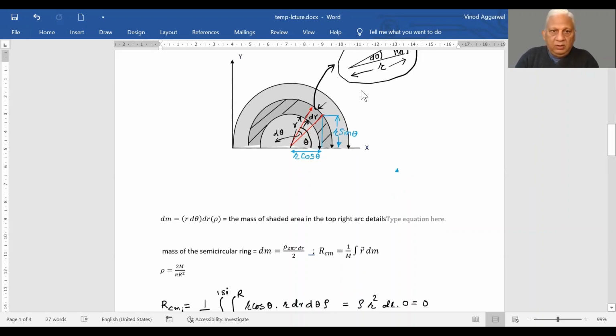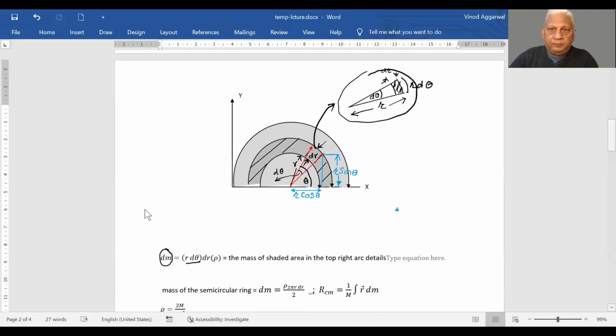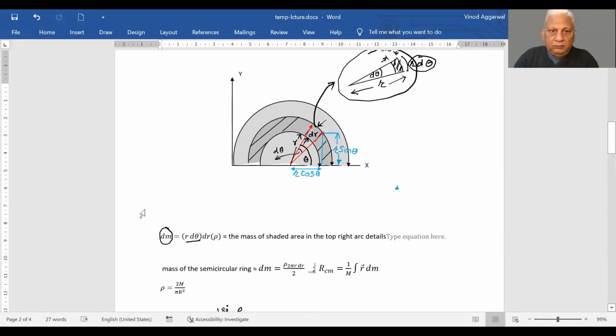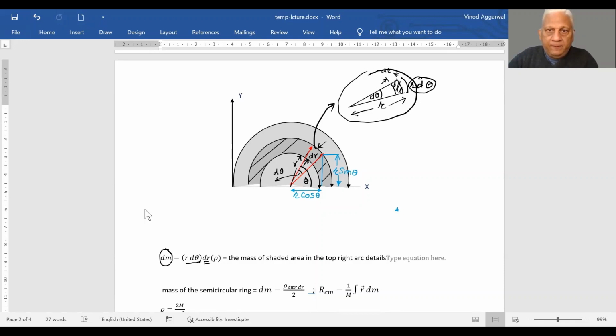So what will be the mass of this piece? It is small dm. r d theta is the width of this slice, and dr is the length, dr is this dimension.